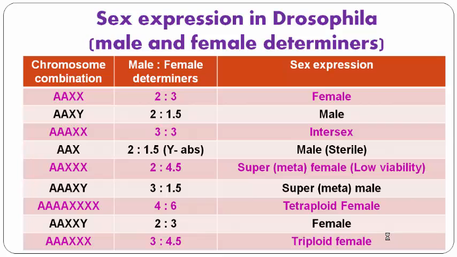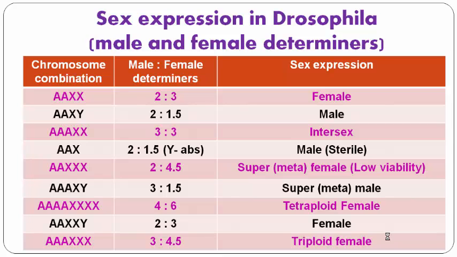Fourth combination, AAX. 2 to 1.5. Here, Y chromosome is absent. Hence, it will produce the male by ratio, but the male will be sterile. Next combination is AAXXX.